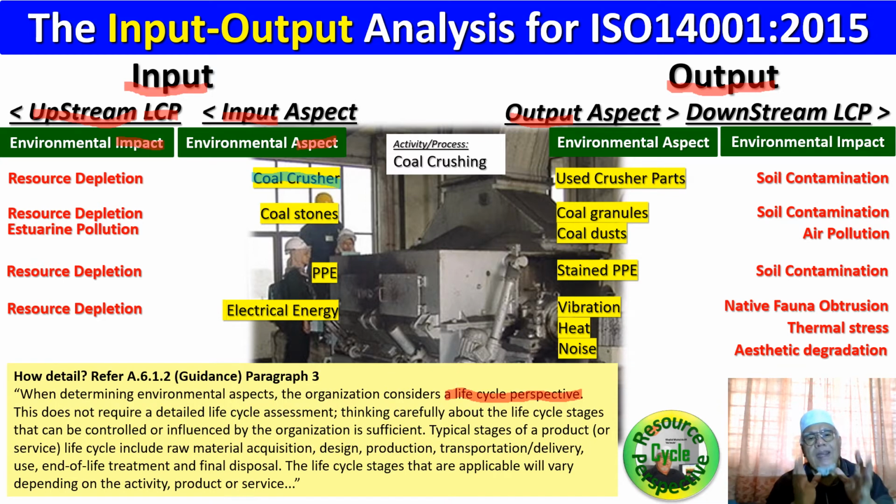The coal crusher fabrication plant gets in raw materials to build this machine. What are their raw materials? Metal plates. Got it? Metal plates, metal sheets, of course, a certain specific type of metal suitable for this particular equipment. Okay, and where do these metal plates come from?